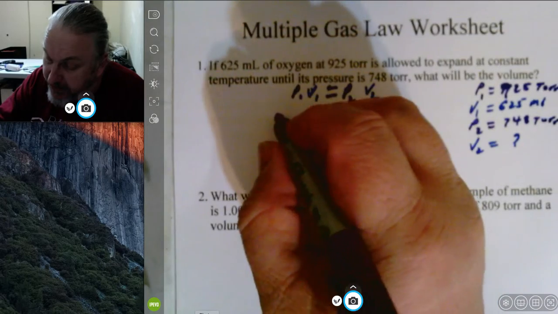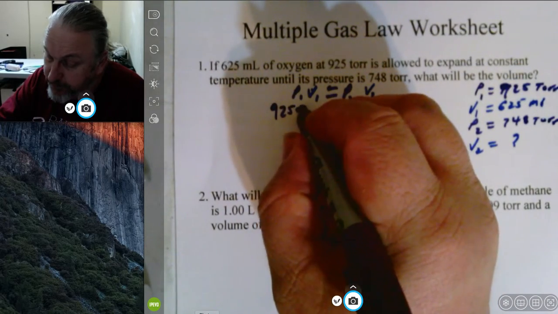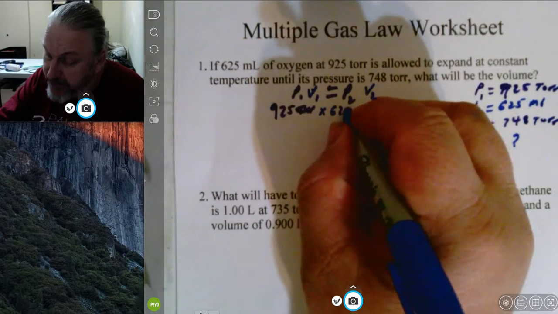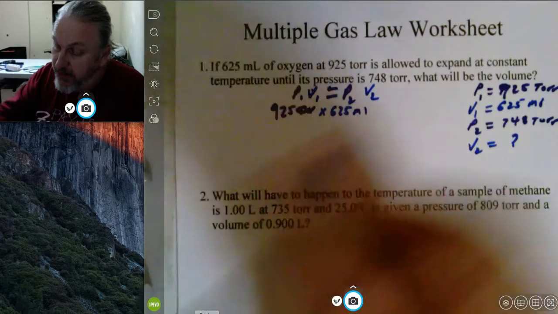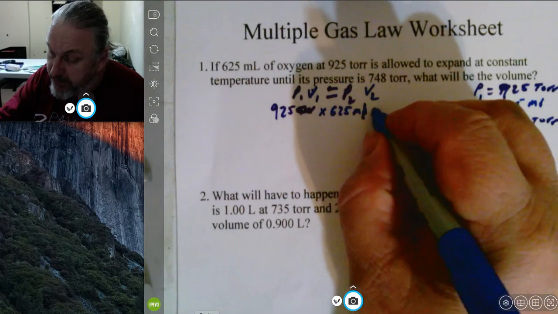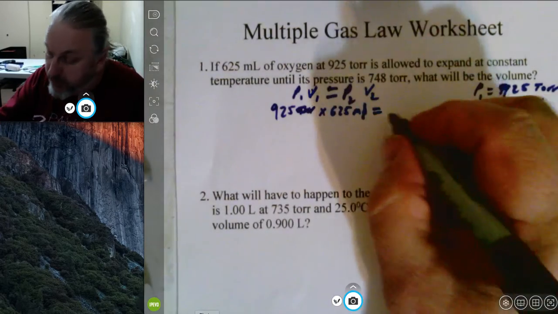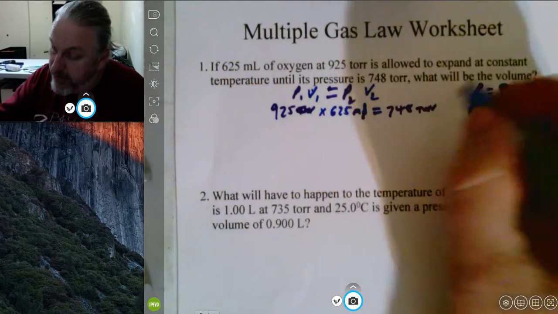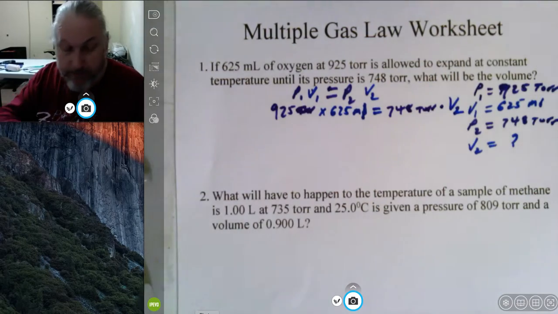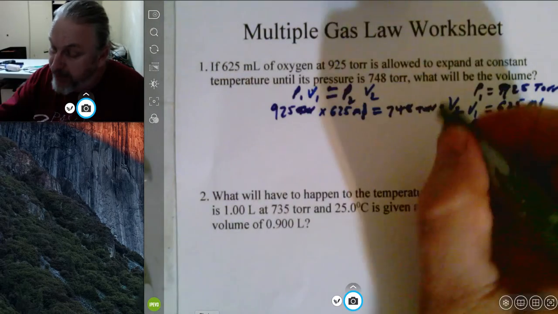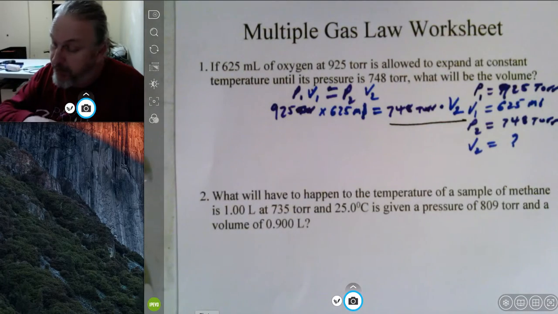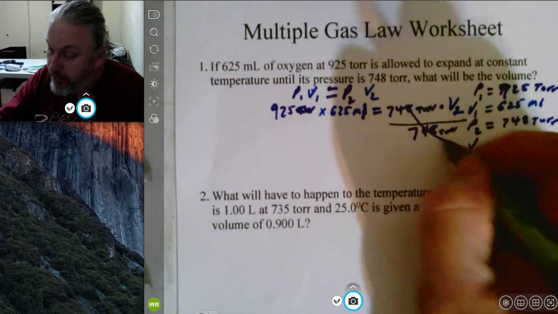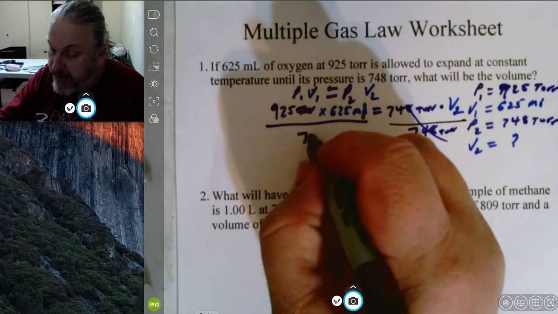So that's 925 torr times 625 milliliters equals 748 torr and V2. So what I do, I gotta get V2 by itself. Divide through by 748, which is unity, and that means I gotta do it on that side.